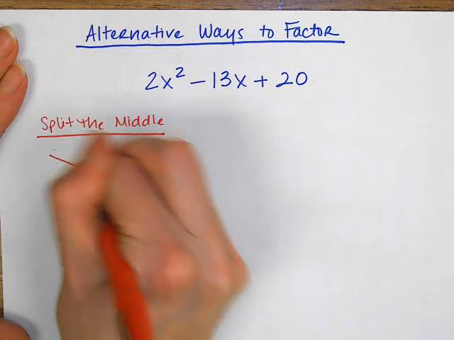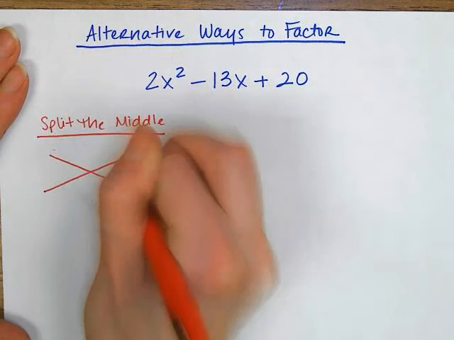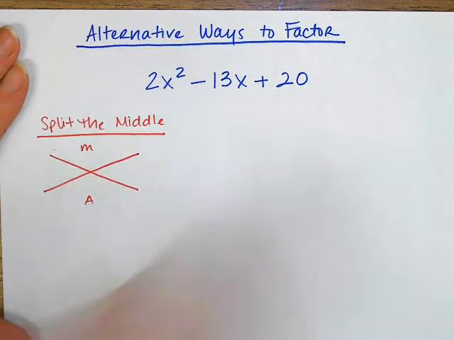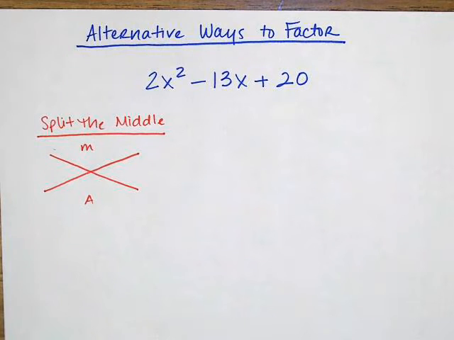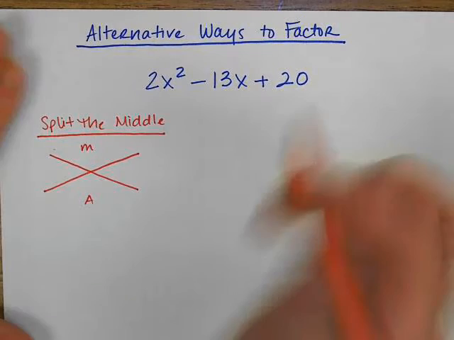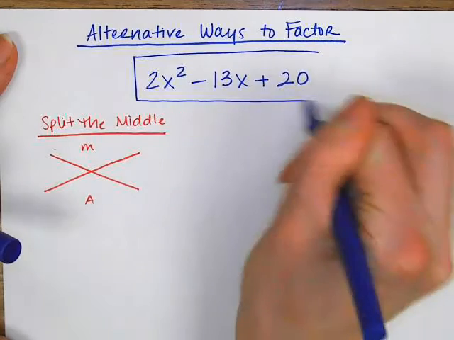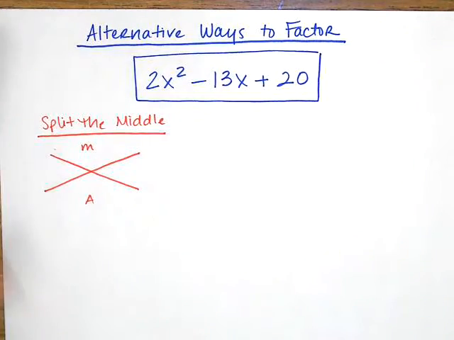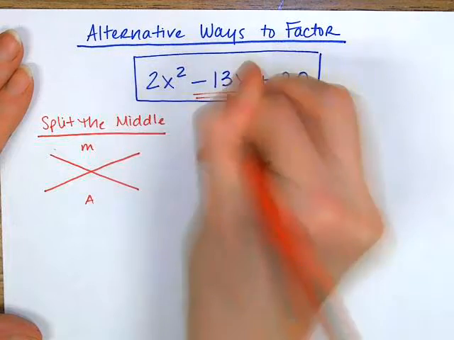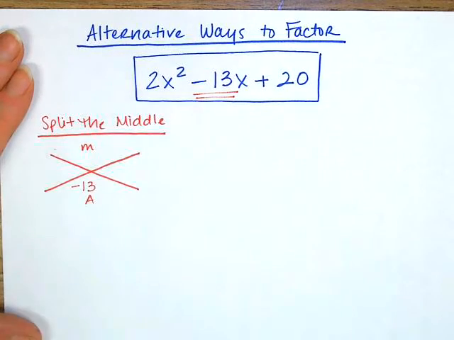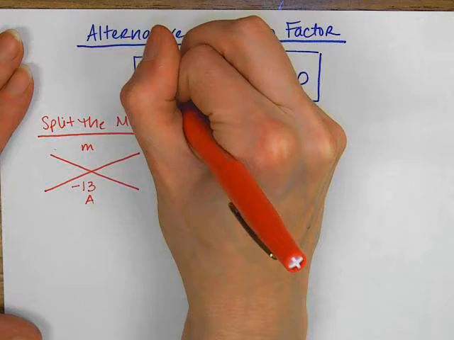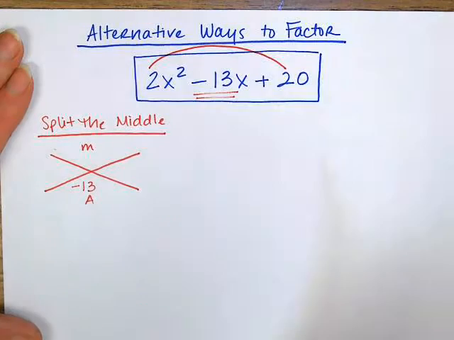You still start by doing the MA, the exact same way that we did in the box. So if this is your problem, it's going to be the same thing. You're going to add to the middle term here. So negative 13 is the add, and the multiply is still the first times the last.